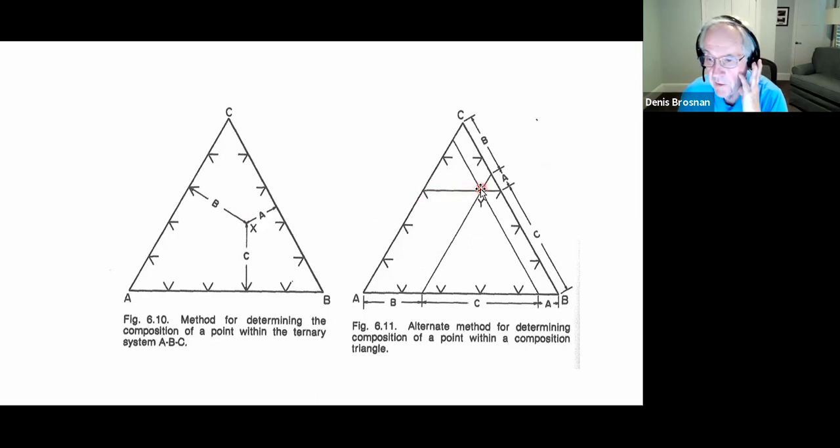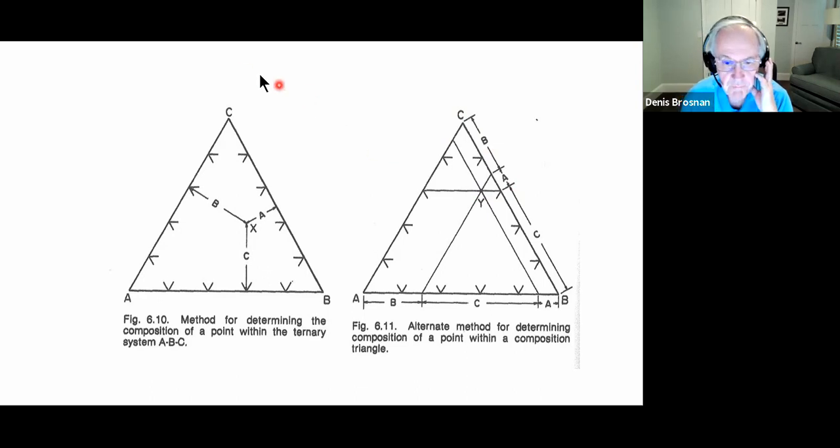So if I draw a horizontal line through the composition of interest, then I can look up here, and this is 20, 40, 60% C. Then I can draw a line here parallel to the AC axis that represents the percent B, and the percent B looks like it's about 30% B. Okay, so once I've got that point plotted, then I know the percent A, I know the percent B, and the percent C is just the balance going to 100, or I can draw the other line if I want to.